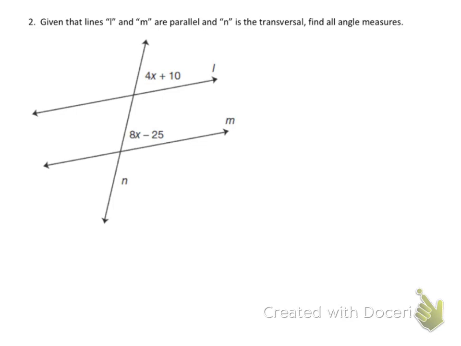Now, this is something you would definitely see in our homework. Given that lines L and M are parallel, N is the transversal, find all angle measures. As you guys are writing that down, is the problem asking you to solve for x?